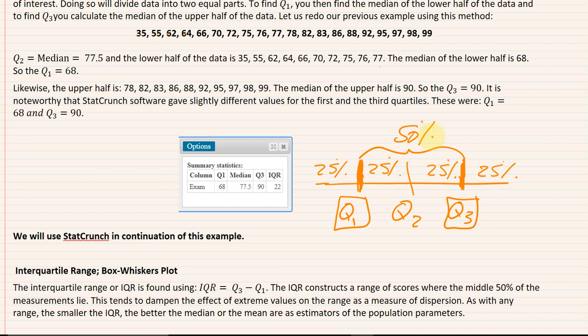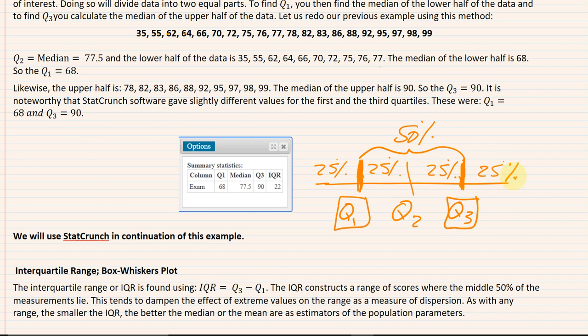One thing about an ordinary range that looks at high minus low is that there's too much confounding because you're looking at only 2 scores. At least with the IQR, you're looking at the middle 50% of your data. So the IQR is a better indication of spread than an ordinary range, because the ordinary range is also sensitive to extreme values, right?